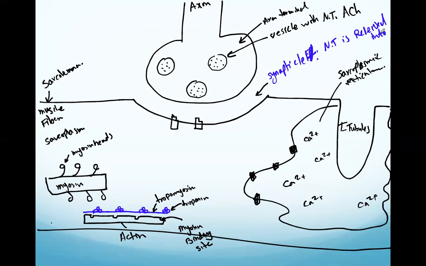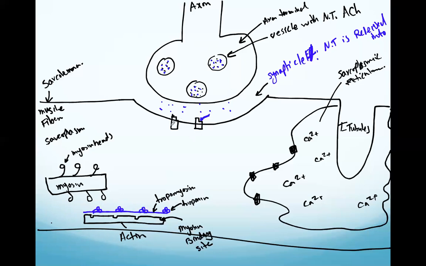So this is basically the way a neuron communicates with the muscle. You will have your little dots of neurotransmitter inside of here. So if these are my neurotransmitter, they can get released into this space right here called the synaptic cleft. Now notice that these neurotransmitters can interact with what I've drawn here as these boxes.